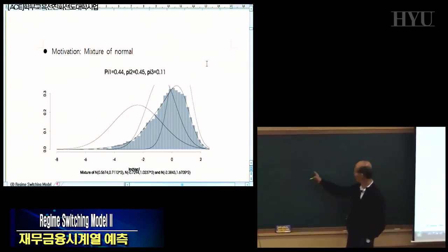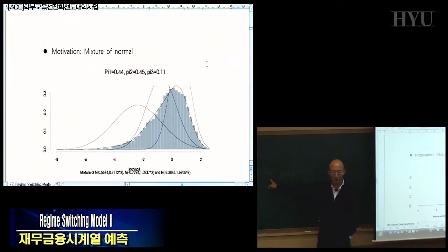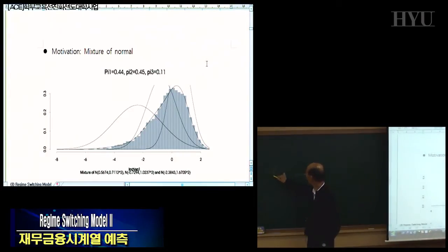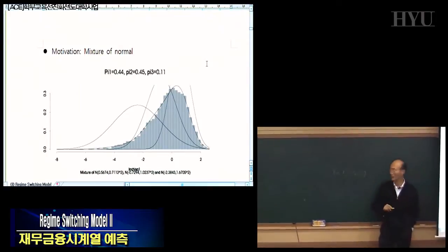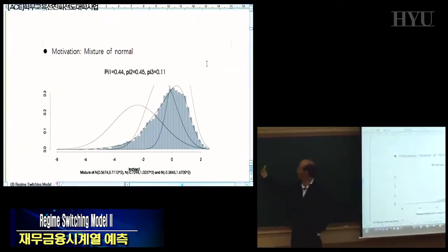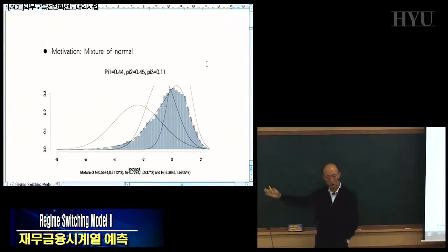So if you square this one, then this is a chi-square random variable, right? And then I take the natural log of that. So I drew 10,000 of these random variates, and I drew that distribution.